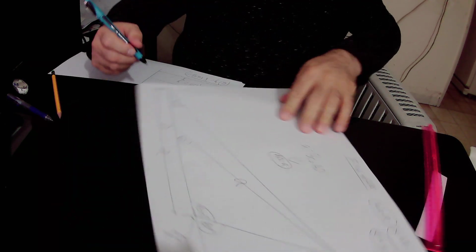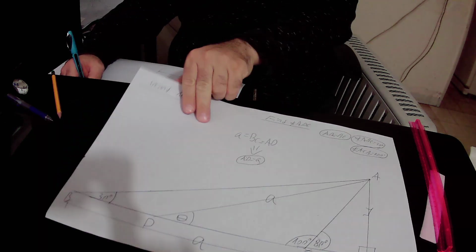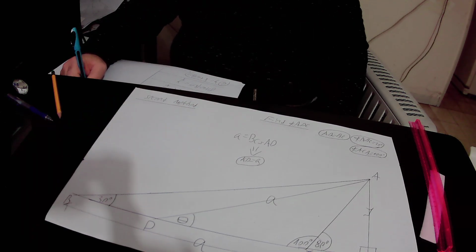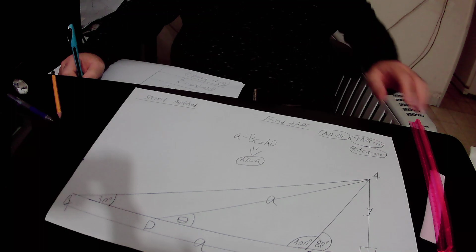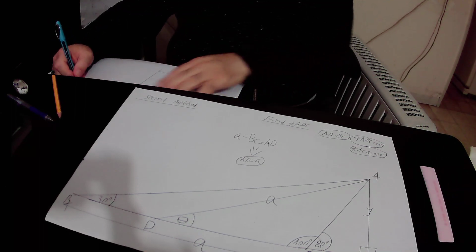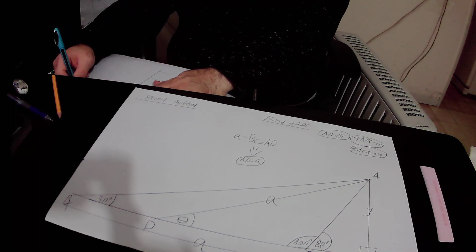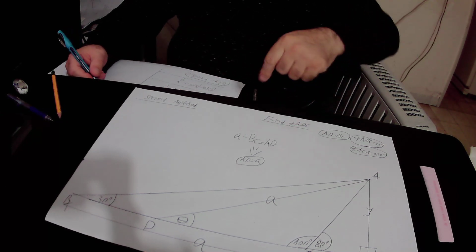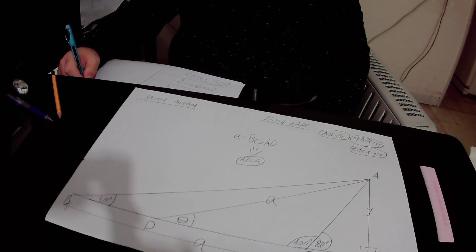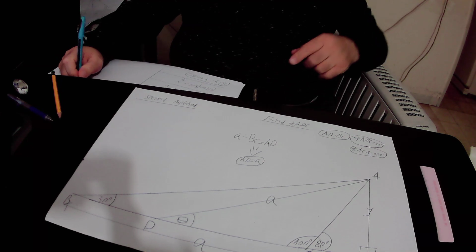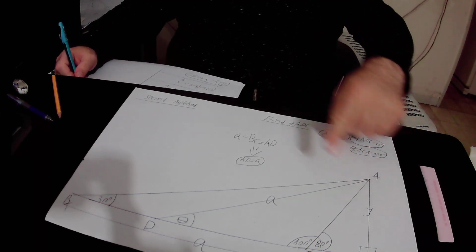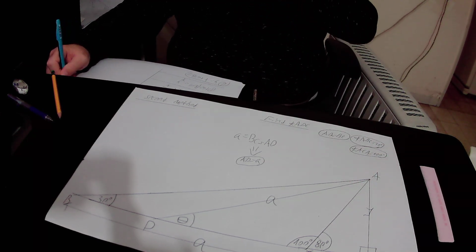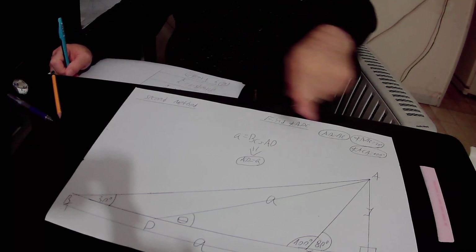And in the right triangle, triangle ADE, we know that sine theta will be equal to AE over AD.